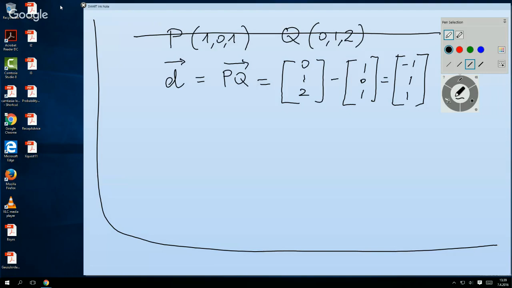Well, it has to go through one of these points, so let's pick P. 1, 0, 1 plus t times minus 1, 1, 1.